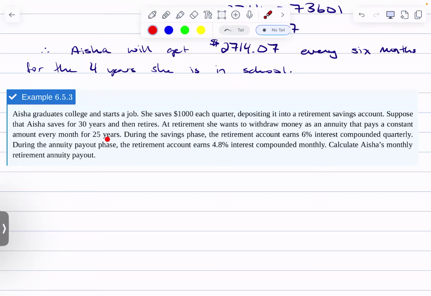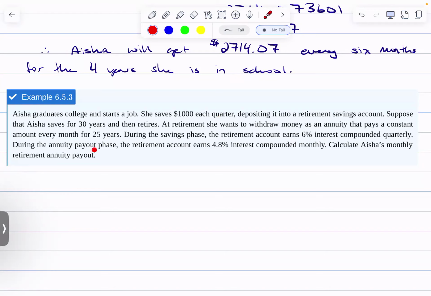Because she's saving money, she's got these regular payments, and then she's going to use that saved money to withdraw payments for 25 years. During the savings phase, the retirement account earns 6% interest compounded quarterly, which is good because it matches the payment frequency.